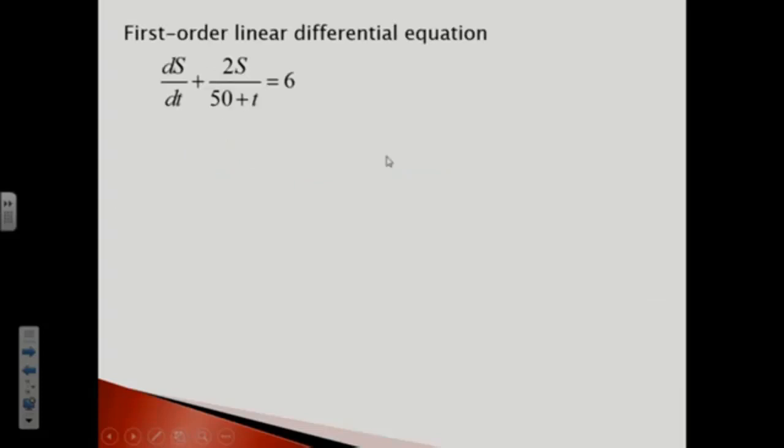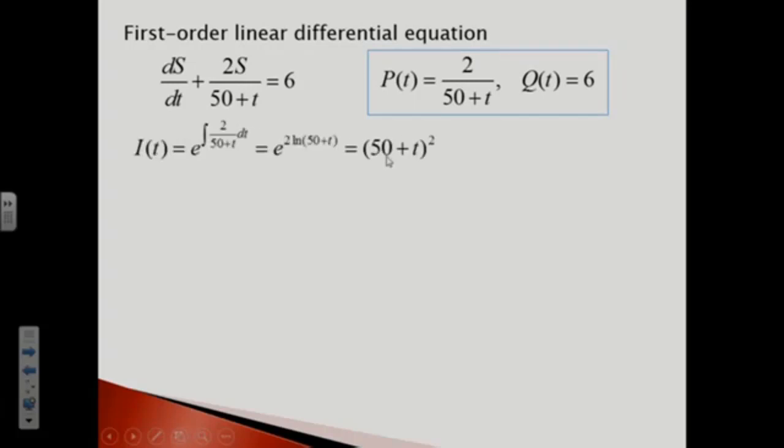We recognize this equation as a first-order linear differential equation with p(t) equal to 2 over (50 plus t) and q(t) equal to 6. An integrating factor is mu(t) equals e to the integral of 2 over (50 plus t) dt, equals e to the 2 ln(50 plus t), equals (50 plus t) squared.